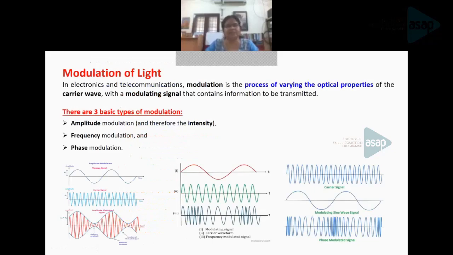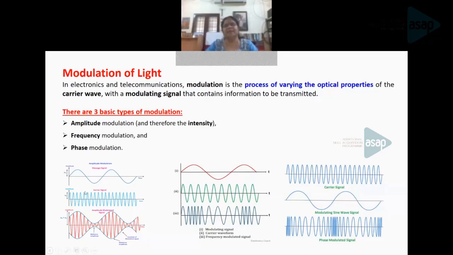Modulation is actually the process of varying the optical properties of a carrier wave with a modulating signal that contains information to be transmitted. Normally, in electronics and telecommunication, modulation is to send the signal from one place to the other. So, for doing this, we are encoding the data or information in the carrier wave and transmitting it, and at the receiver end, it will be decoded.